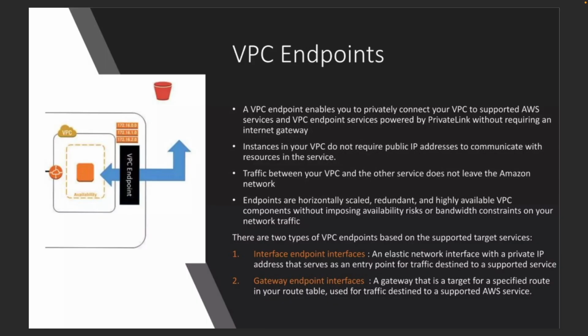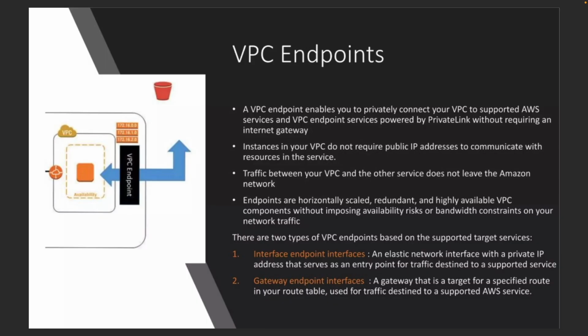Endpoints are horizontally scaled, redundant, and highly available VPC components. This means they are built for reliability without imposing availability risks or bandwidth constraints on your network traffic. There are two types of VPC endpoints based on the supported target services. First, interface endpoints. An interface endpoint is an elastic network interface with a private IP address that serves as an entry point for traffic destined to a supported service.